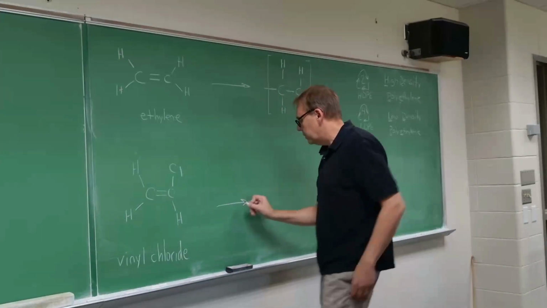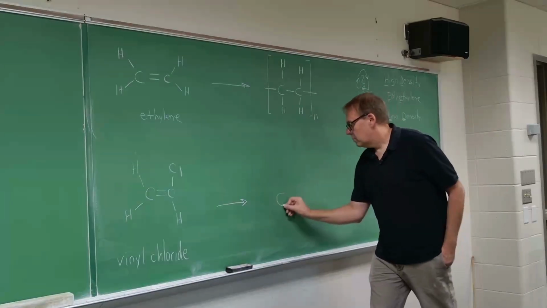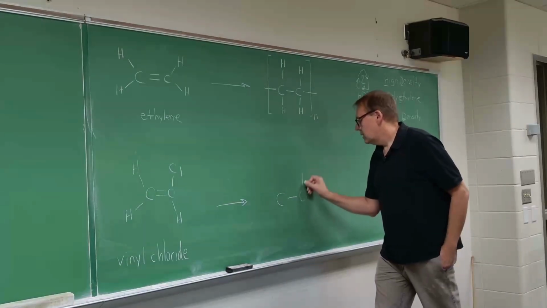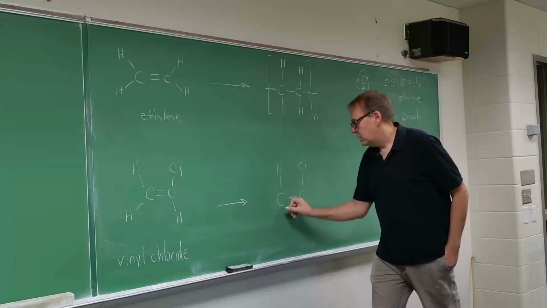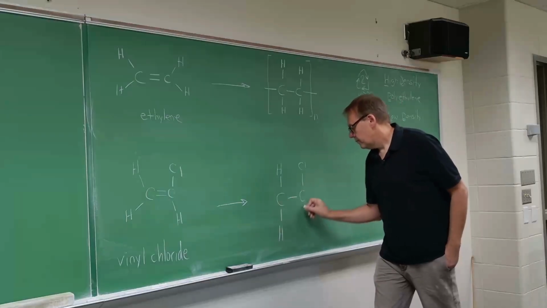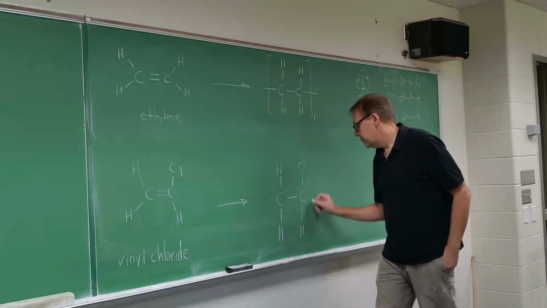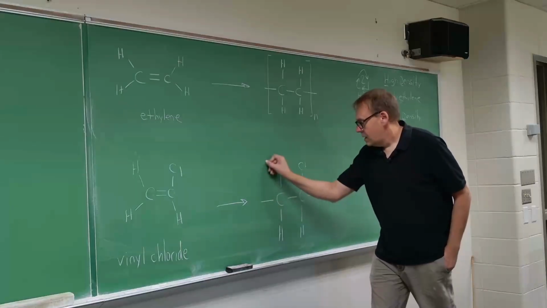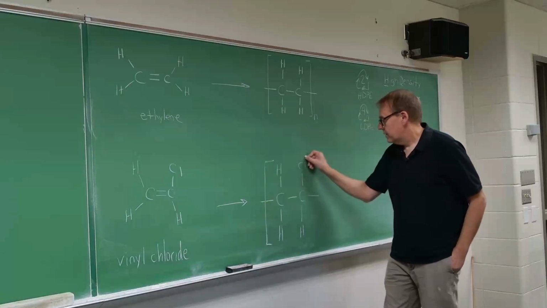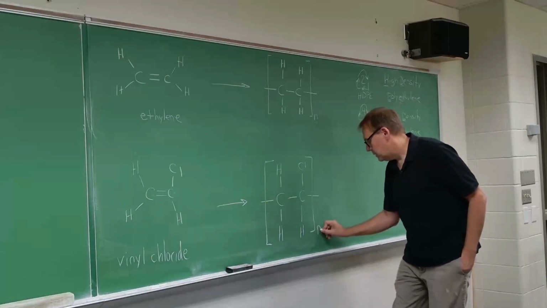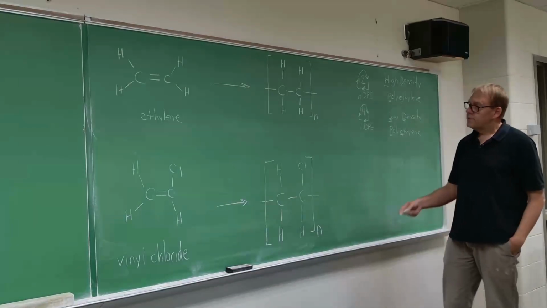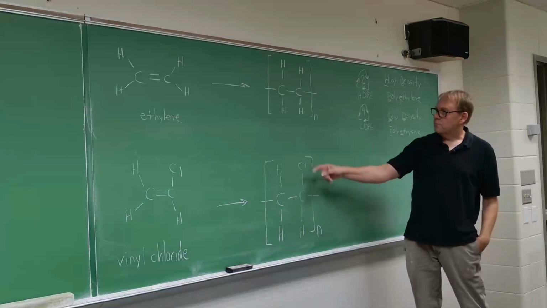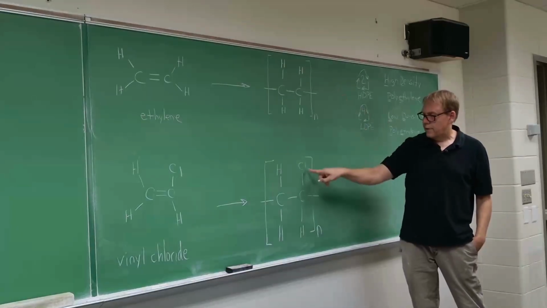And when it gets polymerized, it forms a polymer that's got one chlorine on the smallest repeating unit and 2 carbons. And the polymer notation looks like this, where the brackets go around the repeating unit and the n represents how many times it repeats. So it's very much like polyethylene. It's just that in place of one of the H's on polyethylene, there's a chlorine.